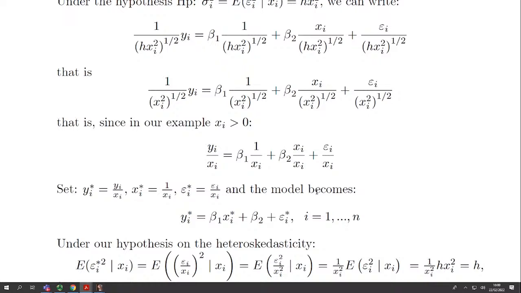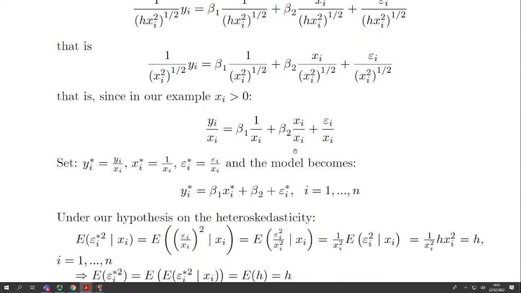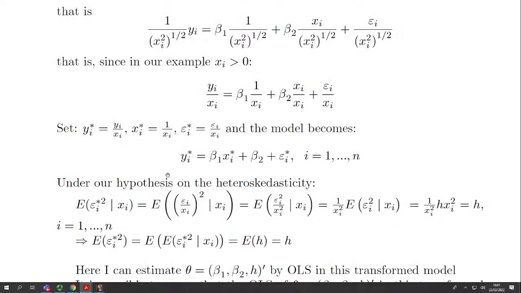So I have a new model. The transformed model will be yi star equals b1 x1 plus xi star b2. Now you know that the b2 coefficient now is the constant of this new model. It's amazing. I have xi over xi, so it simplifies, and then I have epsilon i star, which is given by this ratio.